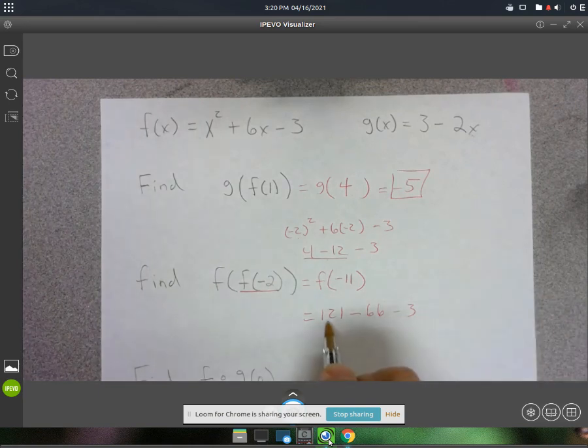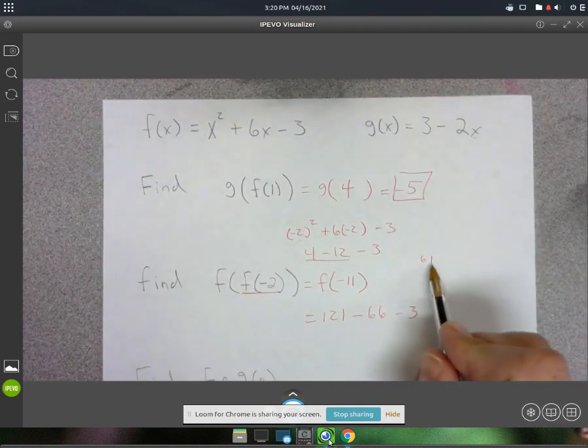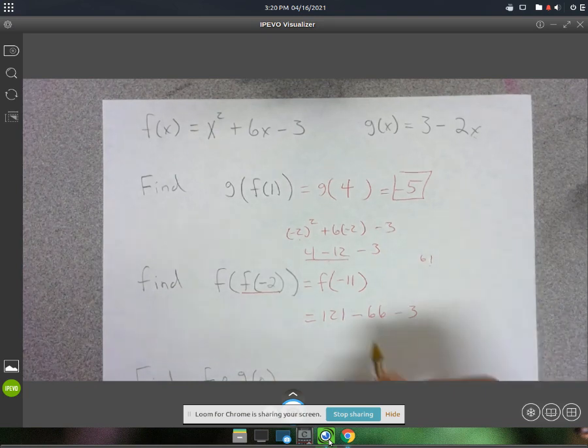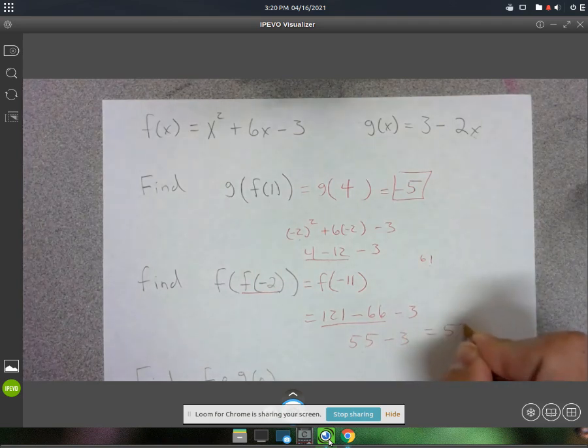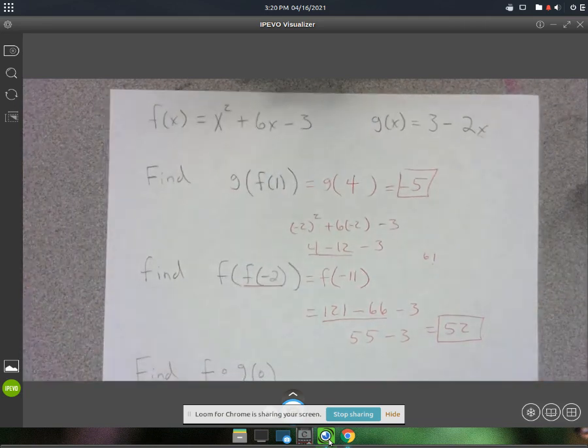All right, 121 minus 60 is equal to 61. But then I've got to take away 6 more, so that leaves me with 55. So that part right there is equal to 55. And then 55 minus 3 is equal to 52. That's the only part I still struggle with in math, just basic subtraction.